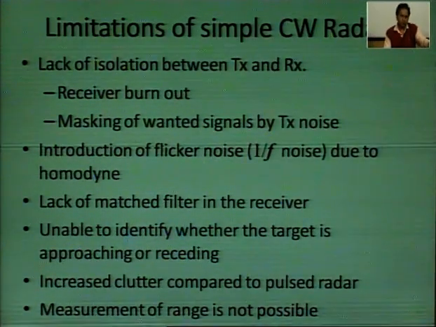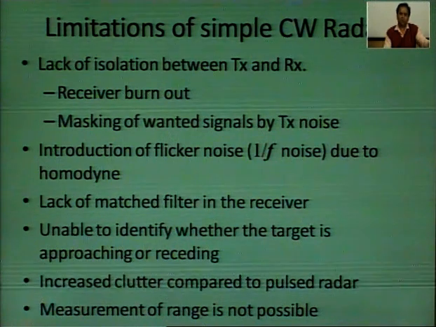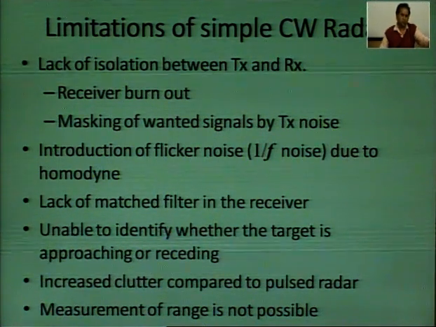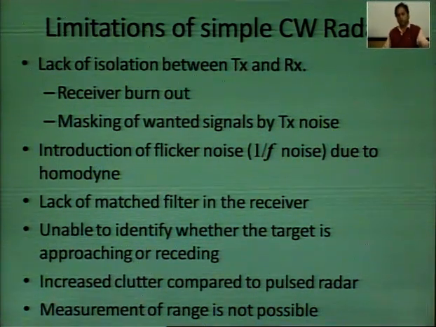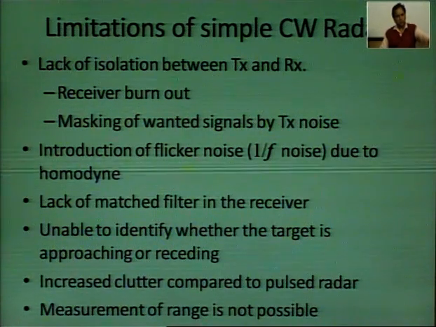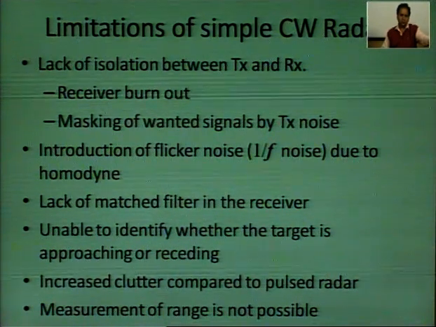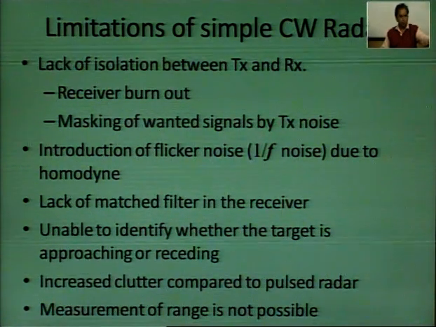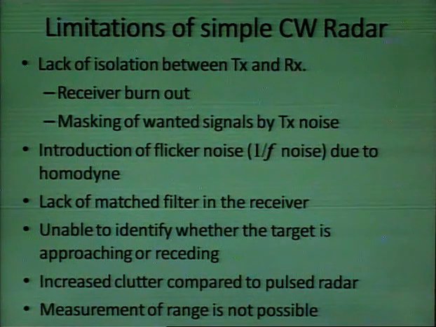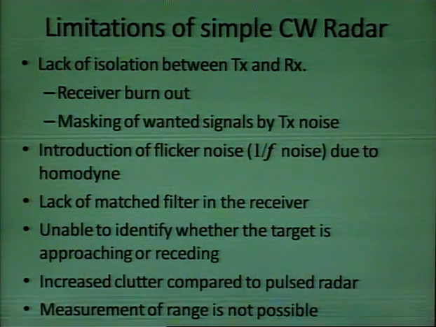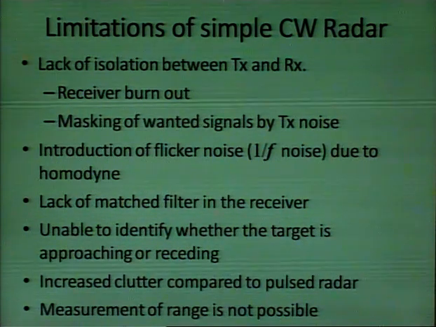Limitations of simple continuous wave radar. A continuous wave radar has some limitations. One is lack of isolation between transmitter and receiver. The receiver may burn out, wanted signals may be masked by transmitter noise, flicker noise is introduced due to homodyne, there is a lack of matched filter in the receiver, and it is unable to identify whether the target is approaching or receding.